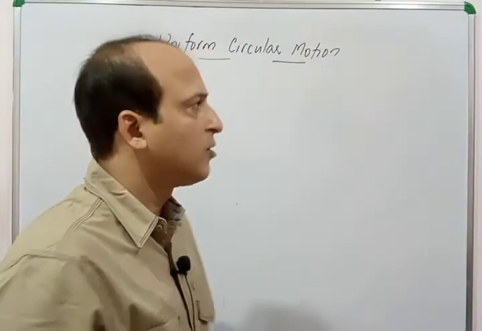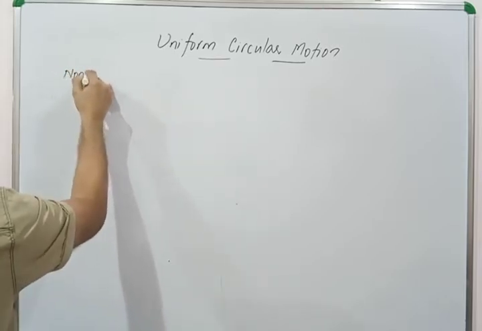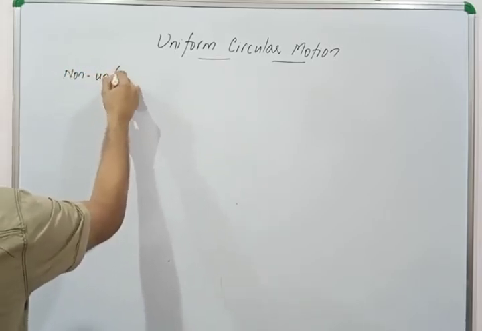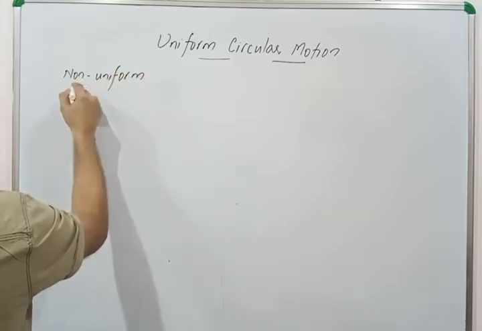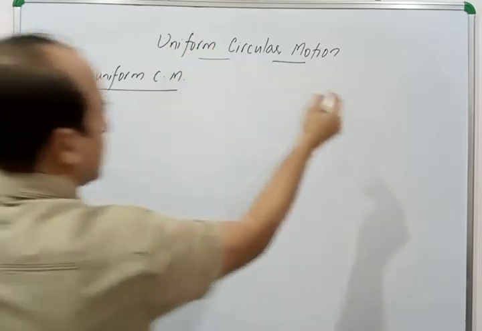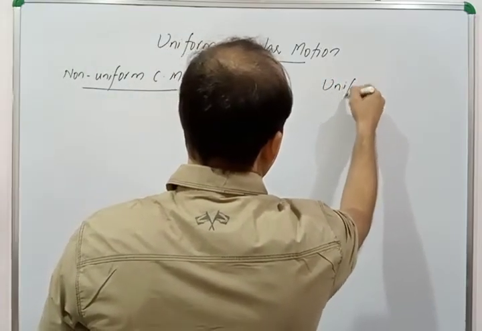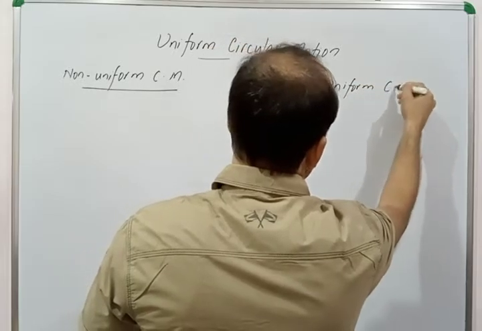On one side, let us tackle non-uniform circular motion, or let us know when the body will execute non-uniform circular motion, and on the other side, let us know when the body will execute uniform circular motion.